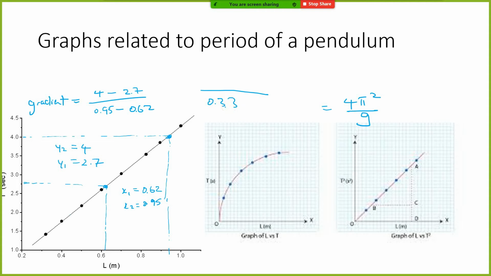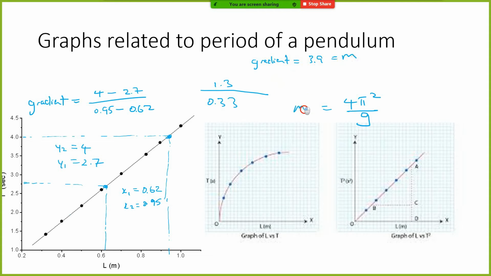It might not be completely accurate, but at the end of the day, we're just trying it out for argument's sake. 1.3 at the top. So I have 1.3 divided by 0.33. I get that the value of the gradient is equal to 3.9. Exactly.